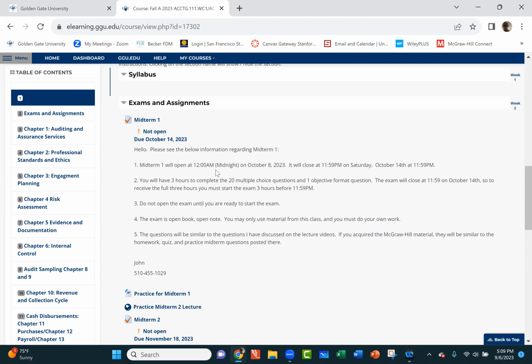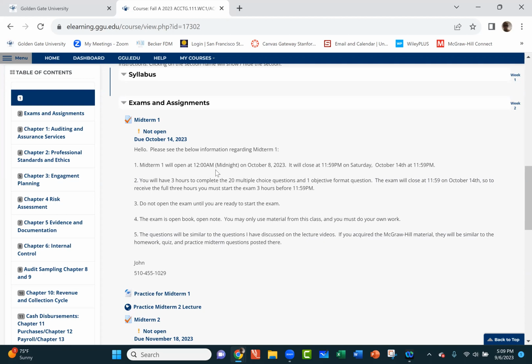The exams are 20 multiple choice questions, and then one objective sort of format question, probably matching or something like that, in which there'll be maybe 4 or 5 elements worth 4 or 5 points each. So each multiple choice question is worth 4 points, 20 of those, that's 80 points, and then 20 points. It's broken into 4 or 5 pieces where you can get 4 or 5 points per item on the objective that's all talking about one particular subject.